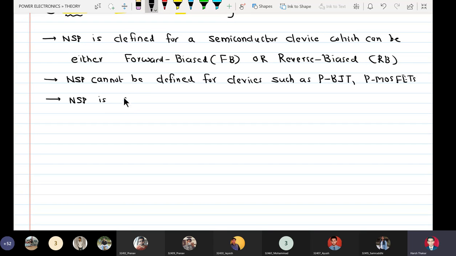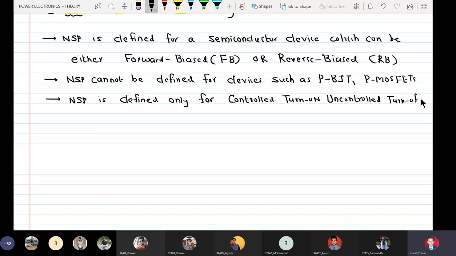NSP is defined only for control turn on, uncontrolled turn off devices such as SCR.